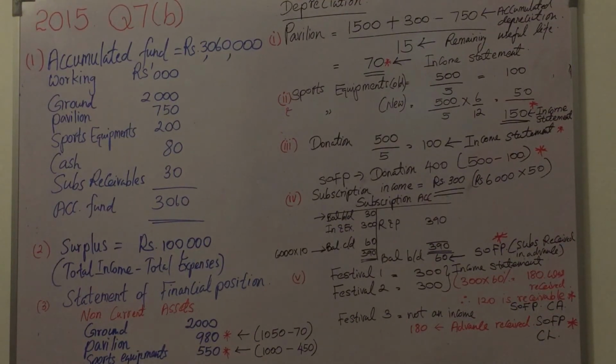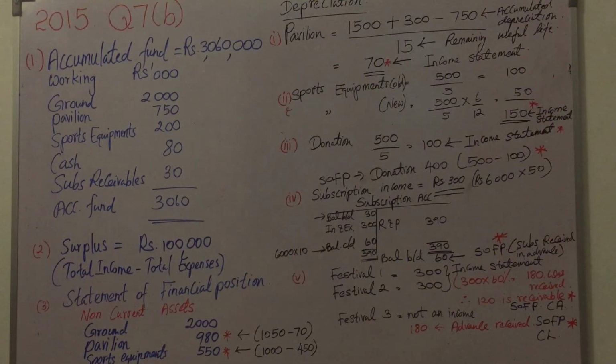Entry fees 120 goes to the income statement as an income. Ground hire fees in total 660 they have received, but we identified what is the amount exactly relevant to the period. Only 600 is relevant to the period. And pavilion renovation we already adjusted here.